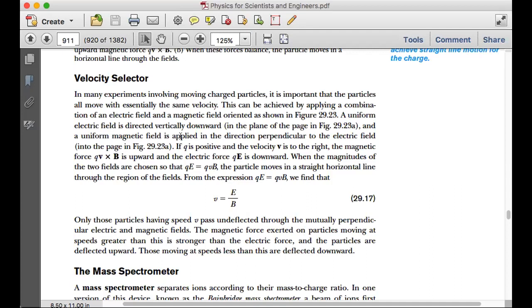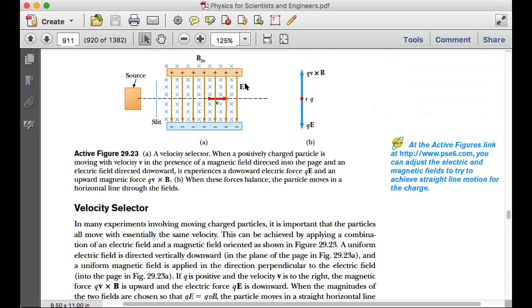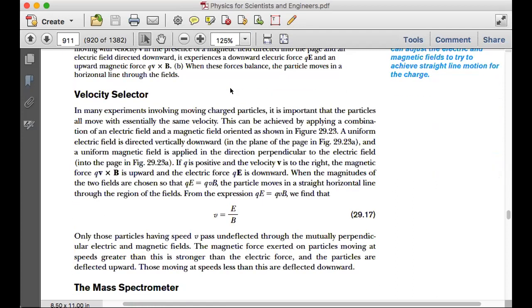So this device, we call it a velocity selector. It means that we select, we filter, the particles which have a speed that satisfies this relation.